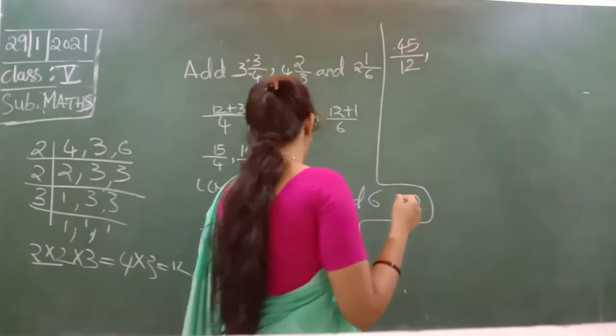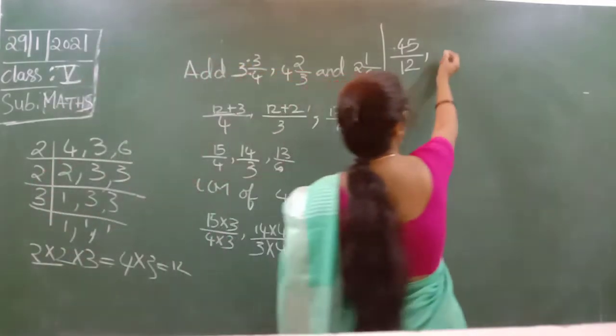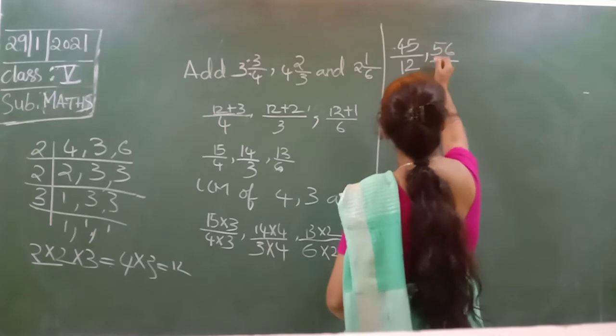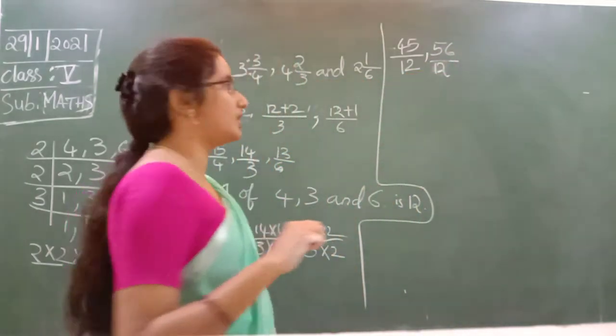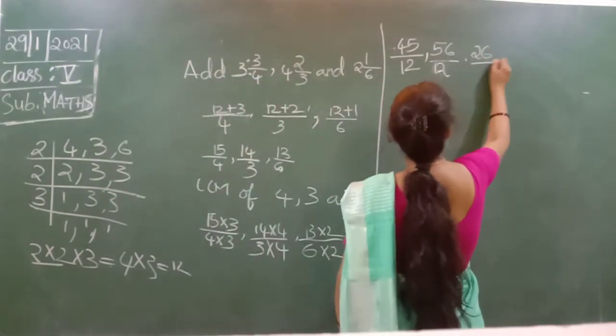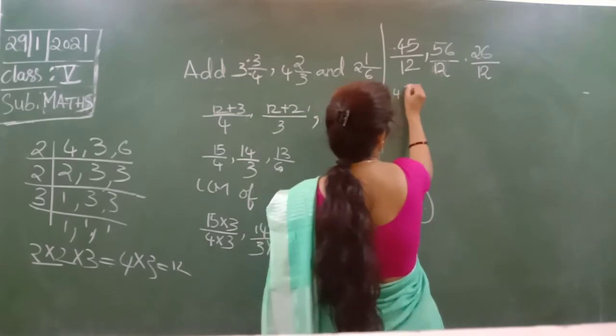Next 14 into 4, 14 4s are 56, 56 by 12. Now 13 2s are 26, 26 by 12.